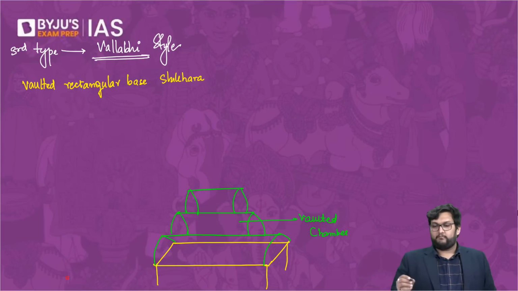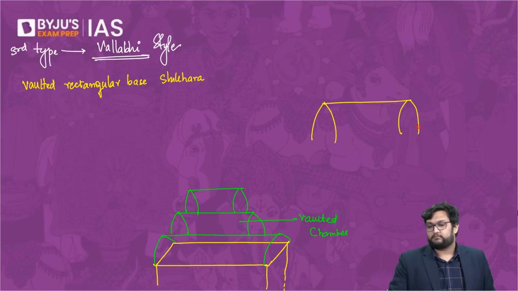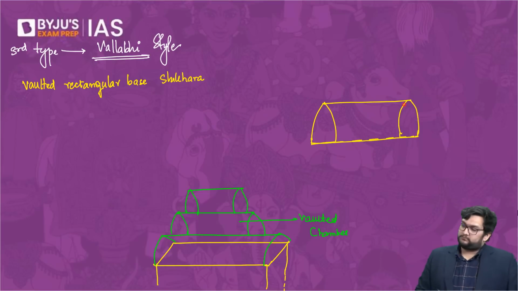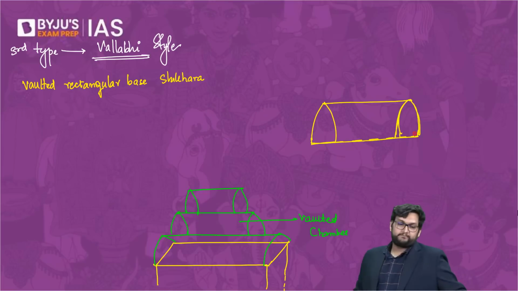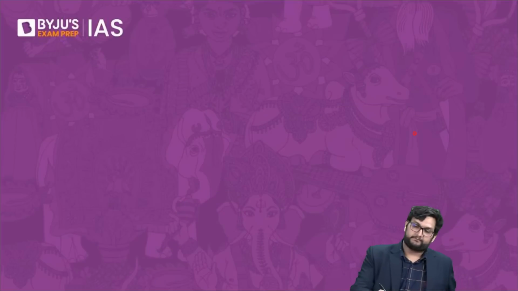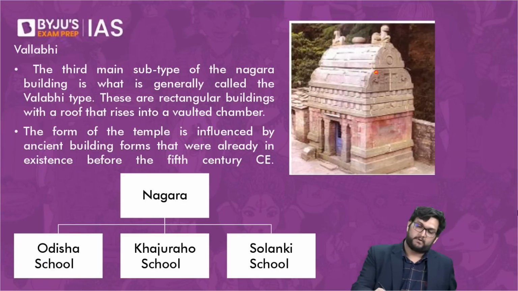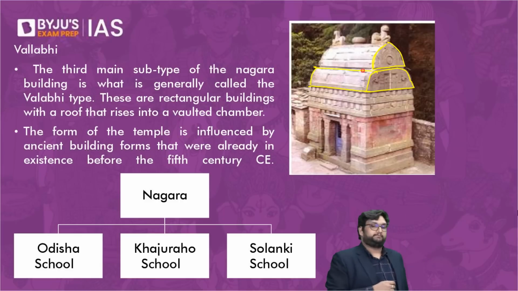So very simply, in a 3D render, it looks like this. You see this. This is called a vaulted chamber.